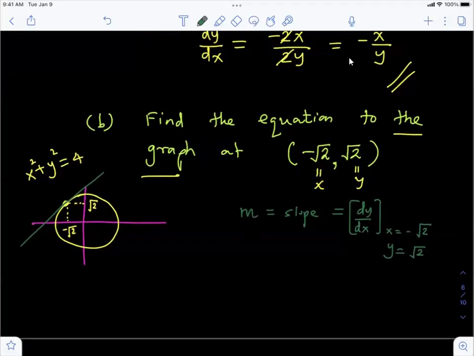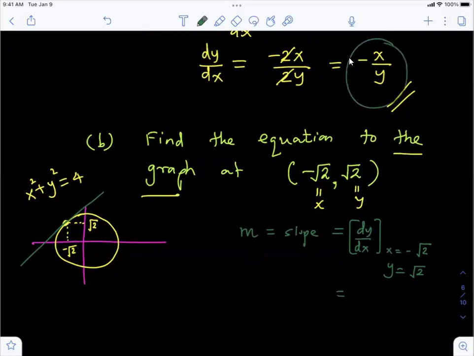So this symbol is saying just to evaluate it. So I will just evaluate it. So my evaluation, don't forget, the dy dx is negative x over y. So negative x over y when x equals negative root 2 and y equals positive root 2. Now plug those two values.